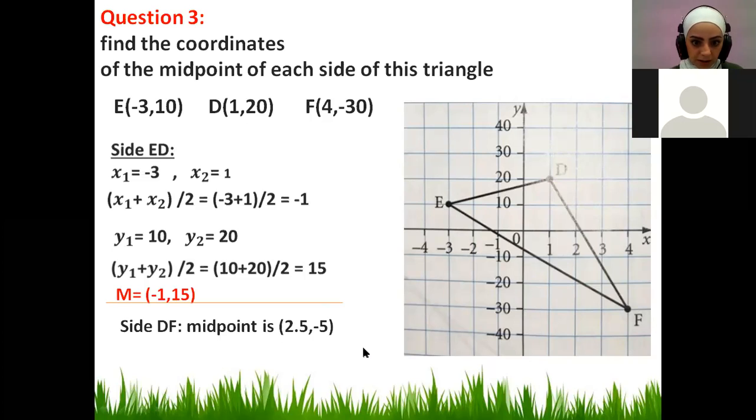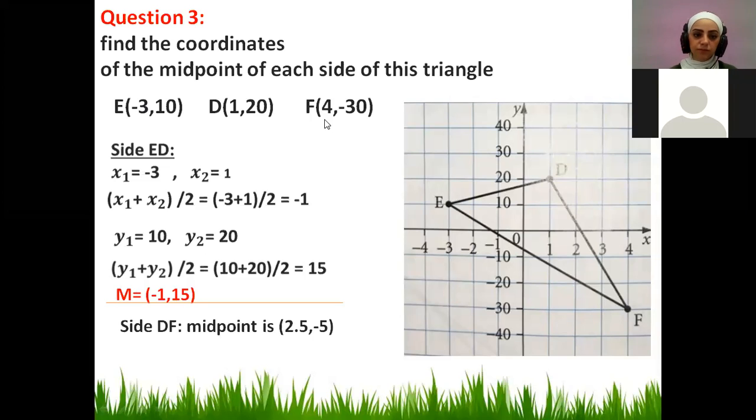Yes, Tala. We have to find the midpoint, so x1 plus x2 over 2 and y1 plus y2 over 2. Since we're talking about E and F, we're just going to use point E and point F. So negative 3 plus 4 over 2. Negative 3 plus 4, different signs, so we subtract, we get 1. 1 over 2 is already half, 0.5.